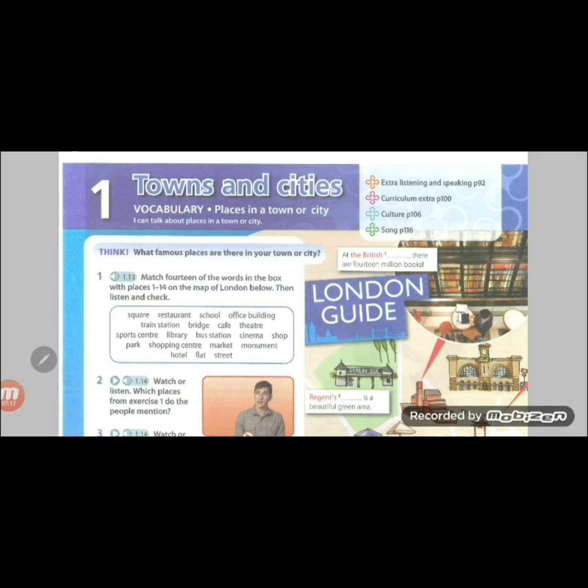I give you an example. Kuantan and Kuala Lumpur. Which one is town? Which one is city? Kuantan is a town and Kuala Lumpur is a city because of the population of the places.